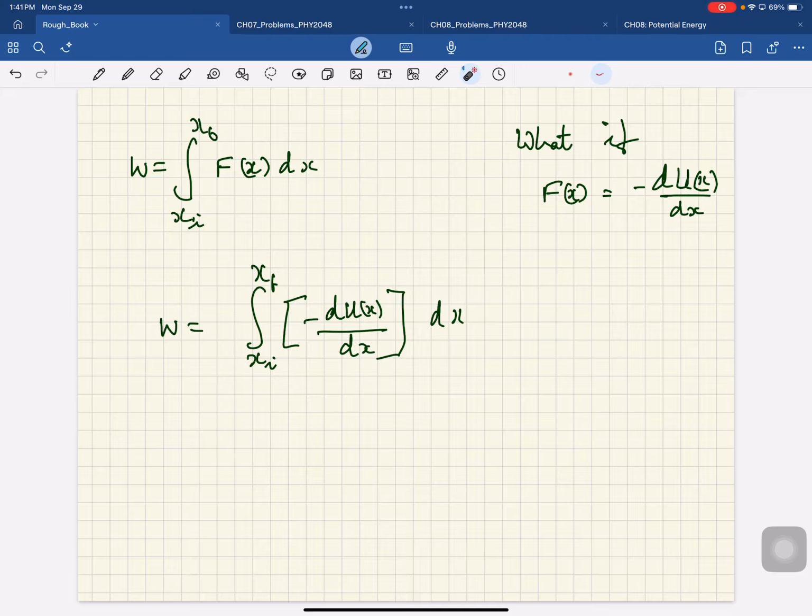All right, so if a force can be written like this, now let's calculate the work done. Do you see any connection to the fundamental theorem of calculus? This is a derivative and that's an integral, inverses of each other. I'll bring the minus sign outside.